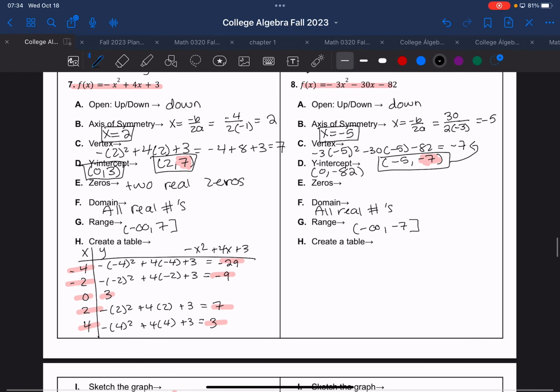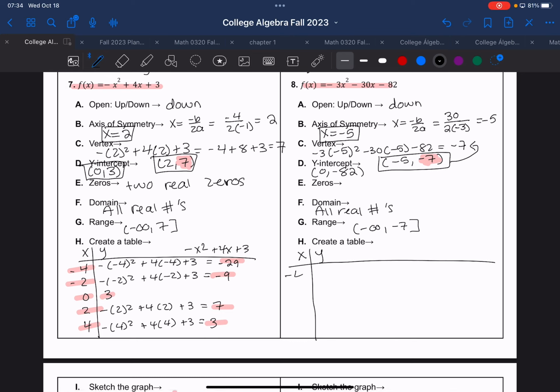Okay, then we create our table with the same values. And I'm going to be plugging all those values into my equation, negative 3x squared minus 30x minus 82. So I'm going to go ahead and write that out first.